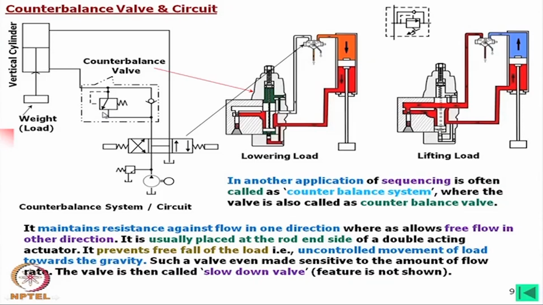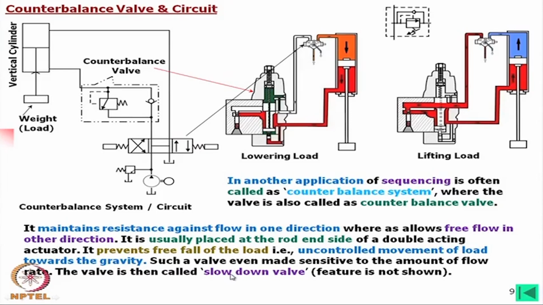Once it closes the path, again the velocity of fluid will decrease, the force will reduce, and it will open. That is very simple in comparison, but this one has external control, whereas that valve does not have external control.